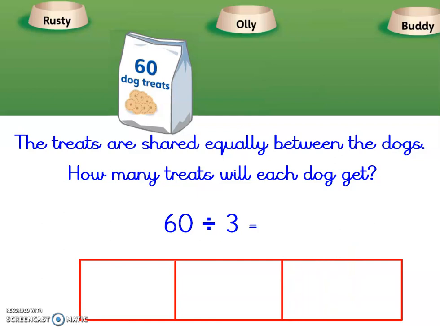Now I could take 60 counters, 60 dots, 60 items, and share them into 3 containers. However, that's going to take me an awfully long time, so I'm going to try and make this slightly more efficient by using my knowledge of place value. So I'm going to represent my 60, not as 60 ones, but instead as 6 tens.